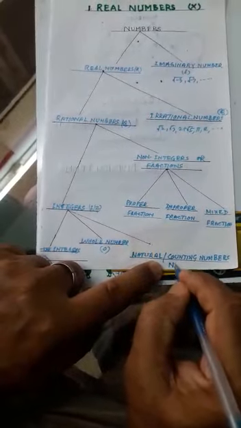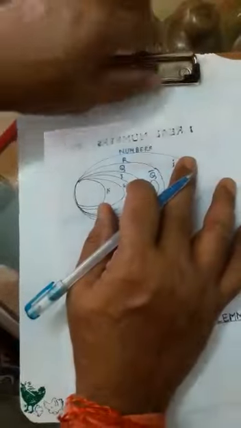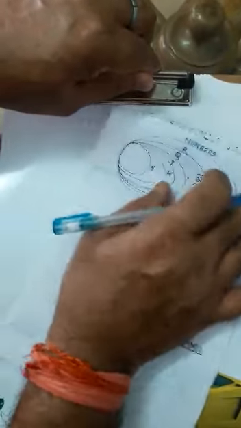It is denoted by N. It can also be expressed in the form of sets. See, you can make them understand easily.